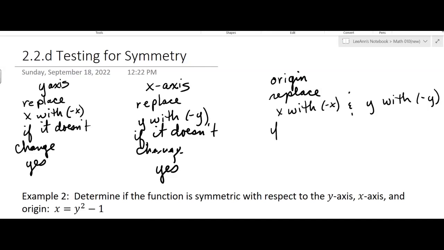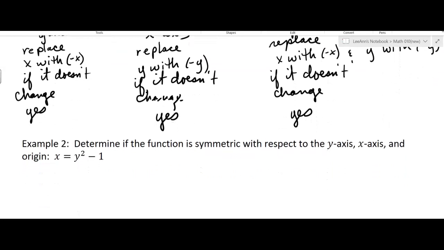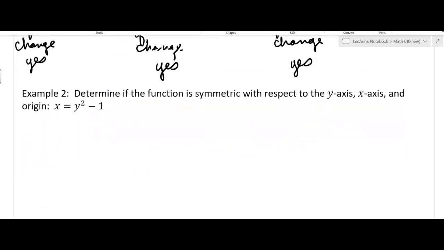And if it doesn't change, meaning the equation doesn't change, then the answer is yes. Now you can have a relation that's symmetric about all 3. So sometimes it might be just symmetric about the origin, or it might be symmetric about the y-axis, but we can have relations that are symmetric about all 3 or 2 of the 3.